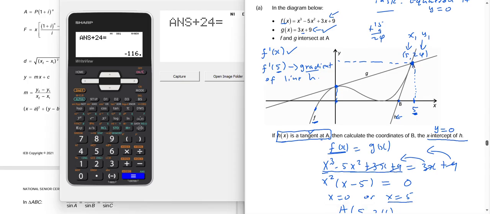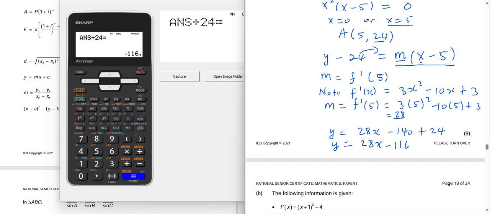Now when we have the equation of the line H, we are told that the x-intercept is when y equals 0. So we replace y with 0. We're going to say 0 is equal to 28x minus 116. If we throw this to the other side, it will become 116 is equal to 28x. So therefore x is equal to what?